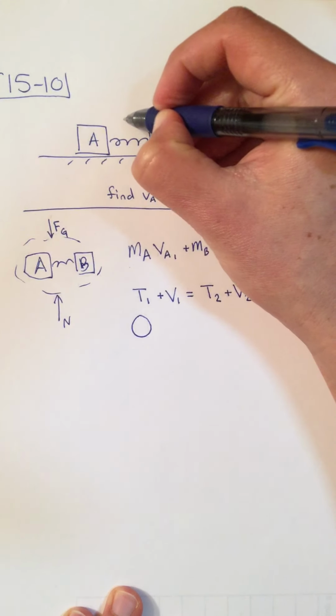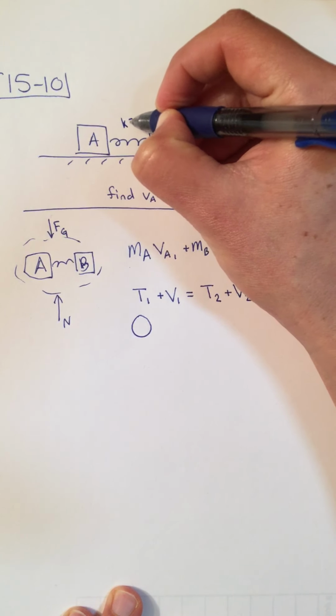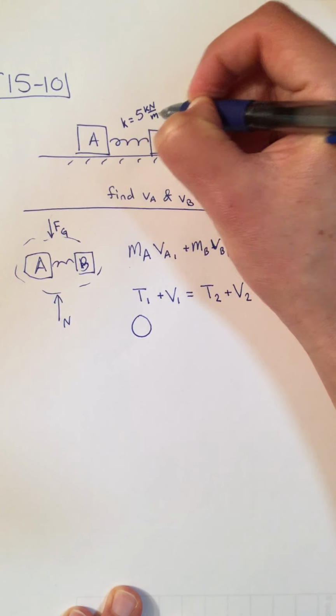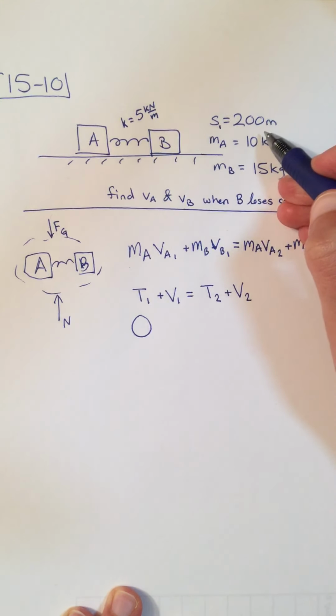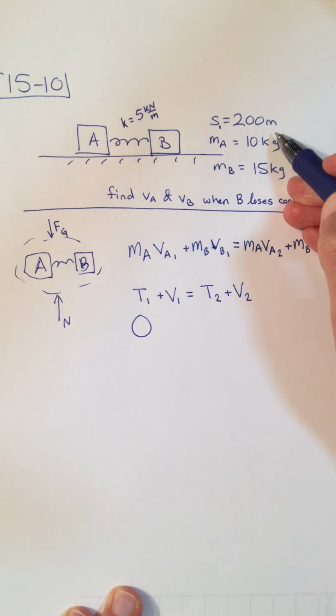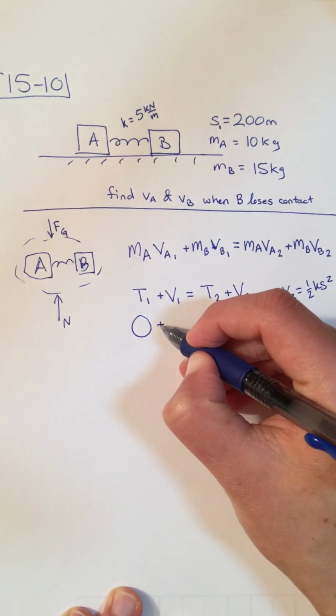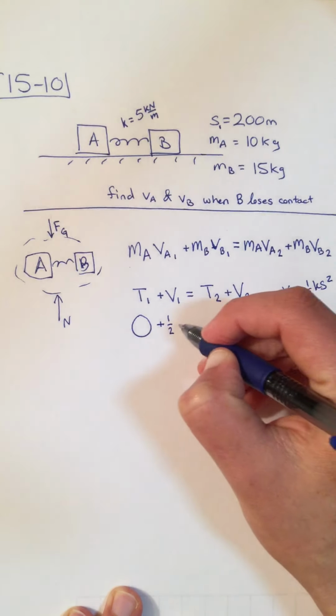We have a spring constant given to us of 5 kilonewtons per meter. The spring is initially compressed by 200 millimeters. For elastic potential energy, we have 1/2 k s squared. So the initial energy that we have is just the elastic potential energy.